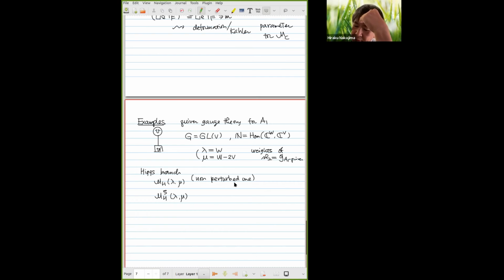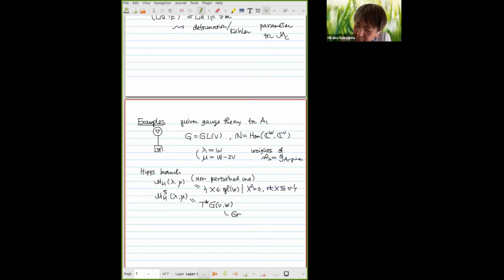So this is X, a nilpotent matrix of size W times W, a square matrix, and X squared is equal to 0, and the rank of X is smaller than or equal to V. And this is the cotangent bundle to the Grassmannian of V in W.